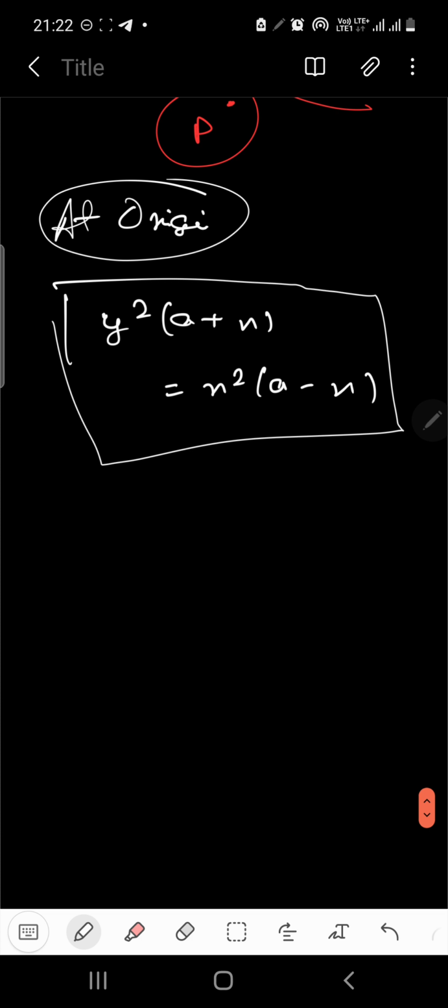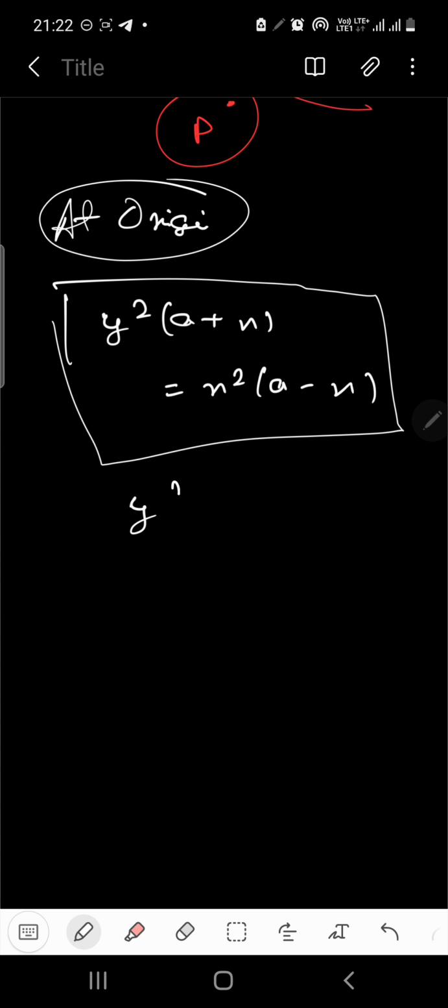When you find the tangent at the origin, you check whether you are getting two different tangents, or two different equations of tangent, or one particular equation of a tangent. For example, you have the curve y square (a plus x) equals x square (a minus x). You equate the lowest degree terms of this equation to find the equation of the tangent at origin.